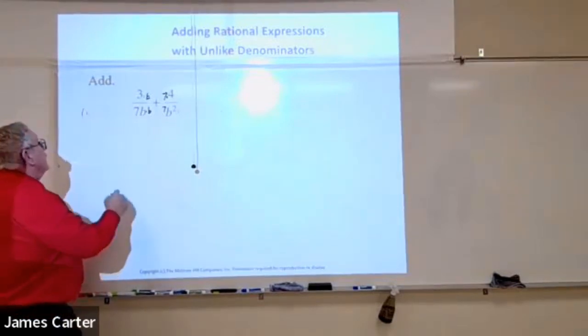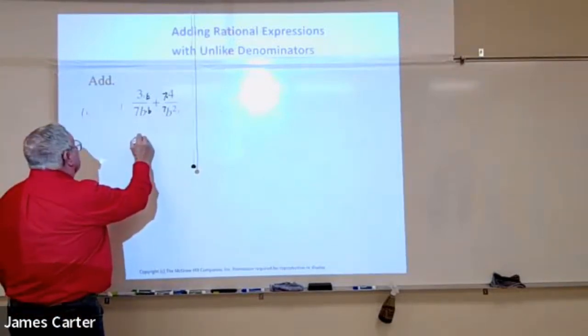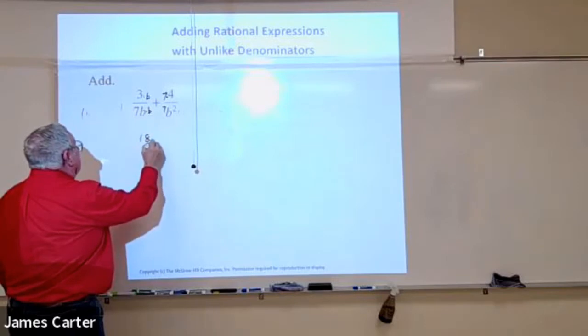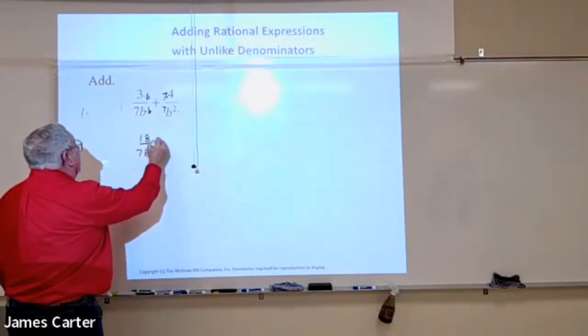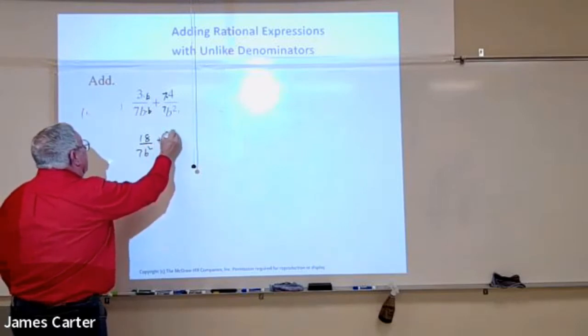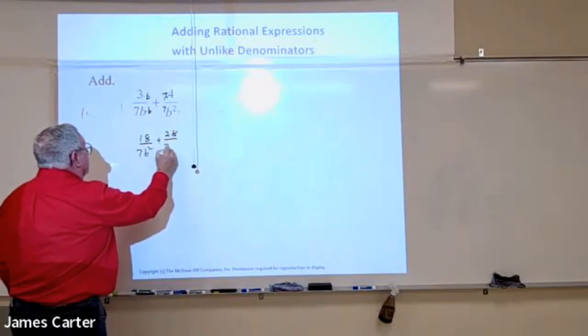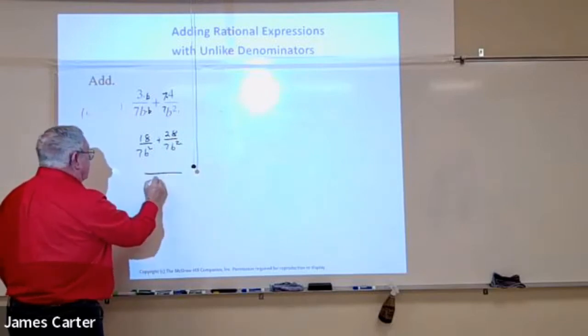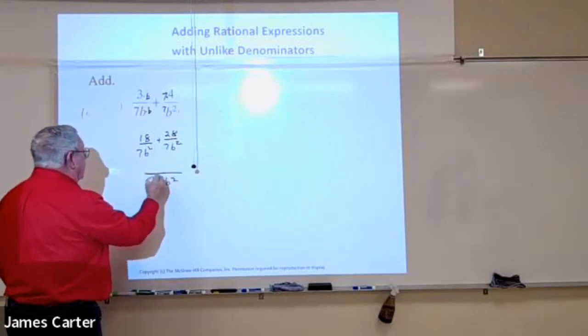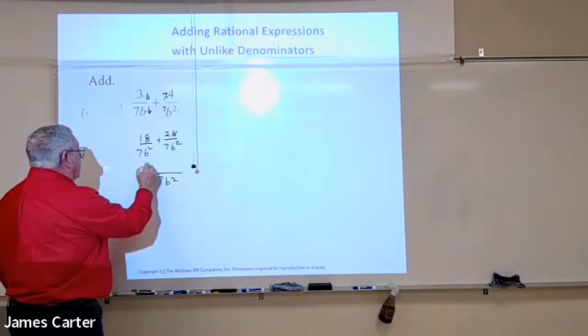Okay. So I get 3 times 6 is 18 over 7b squared plus 28 over 7b squared, which gives me 7b squared as the common denominator.